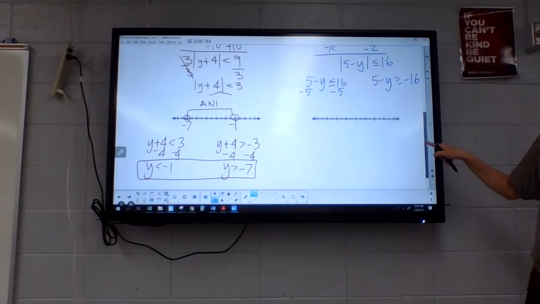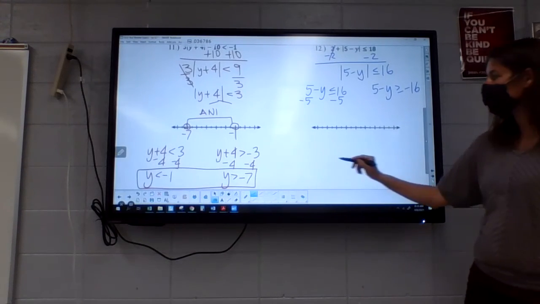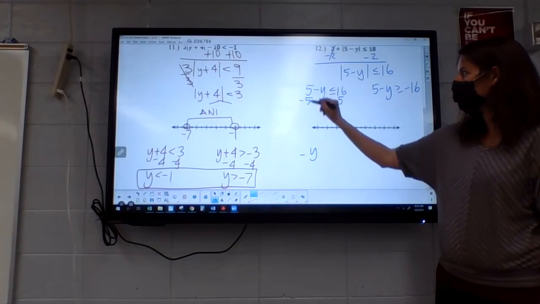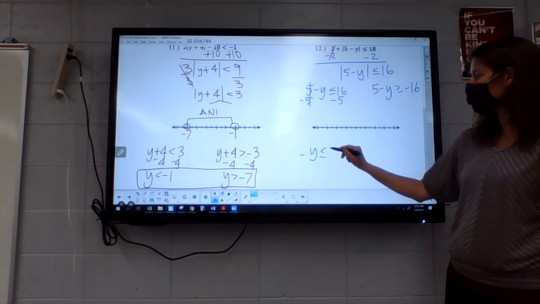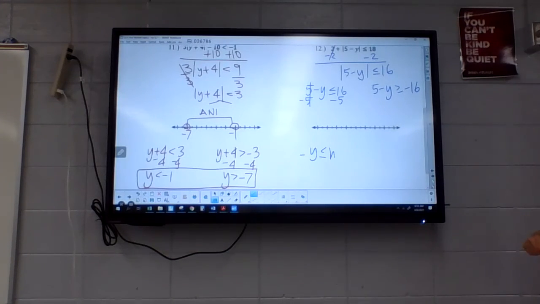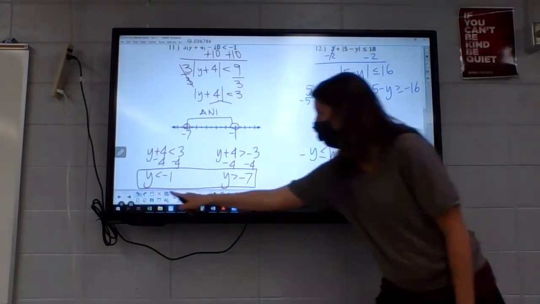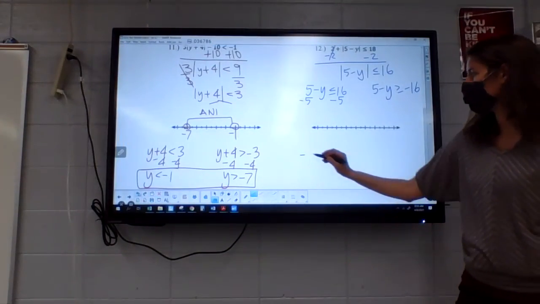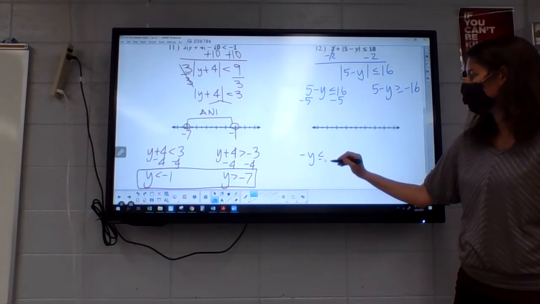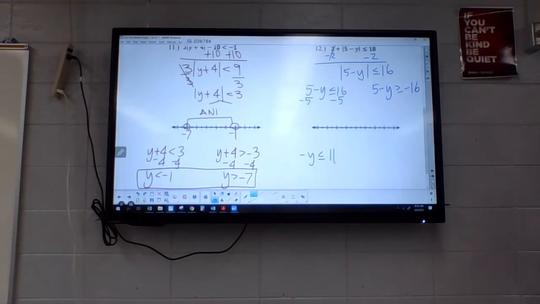So I'm going to move this 5 over. So I'm going to end up with negative y is less than or equal to 11. But in order to get that y alone, I have to get rid of that negative.